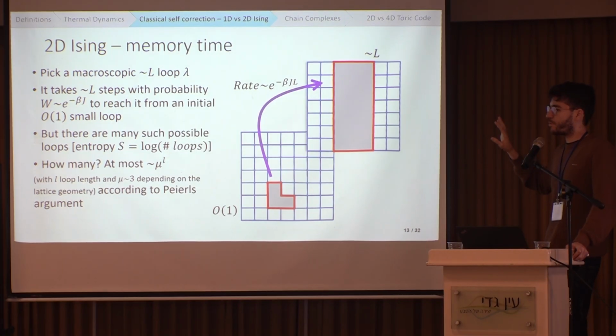So we know for a specific configuration, a specific loop of some size L, that's the rate of its creation. But now we need to account for all possible large loops that we can end up with. That's the entropy of the loops.